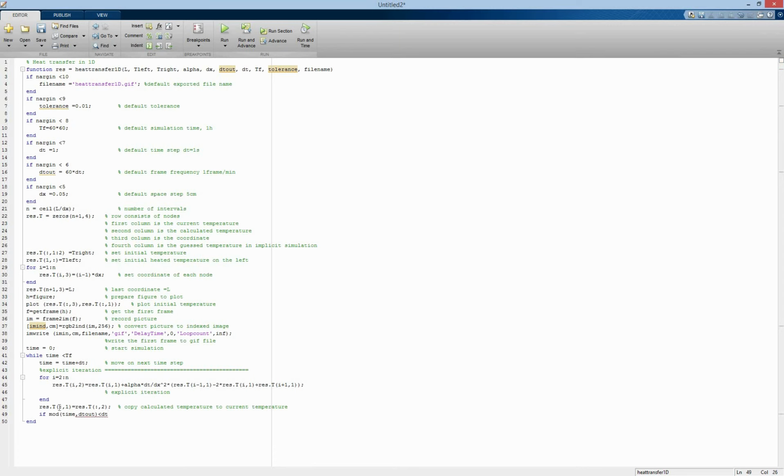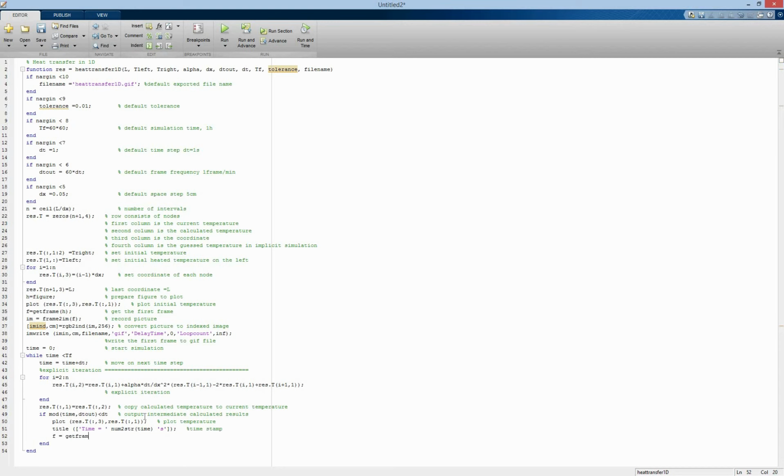To get a simulation, I need to export the frame when the time is a multiple of dt out. So I do the same as I did before for the first time step. I plot the graph first. However, this time I add the timestamp to the title of the graph.